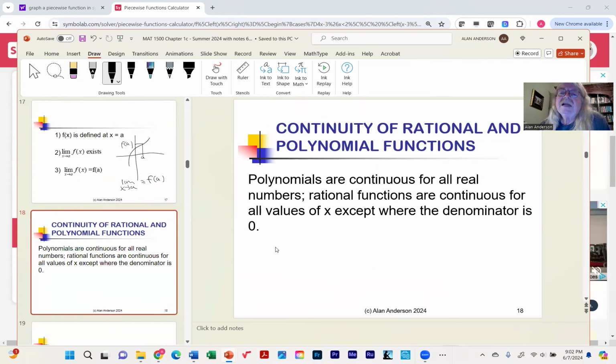Now, here's some nice cases. Polynomials are continuous everywhere. Remember what a polynomial is. It's something like this.